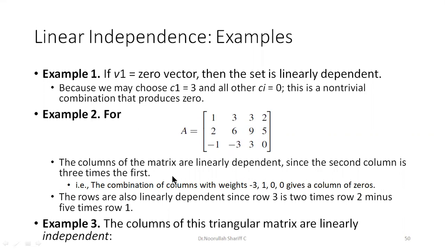If we have a combination of columns with weights C1, C2, C3, C4, and we consider them as -3, 1, 0, 0, this will give a combination corresponding to 0. If I multiply the whole thing with -3, 1, 0, 0, I am going to get a value 0.